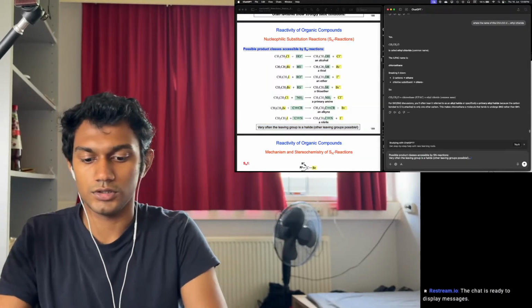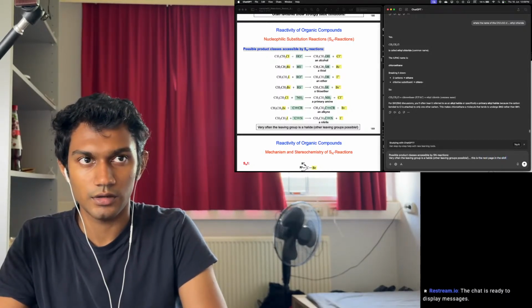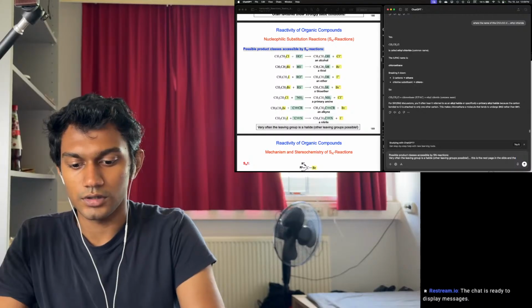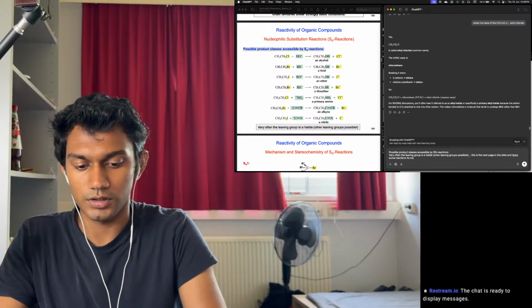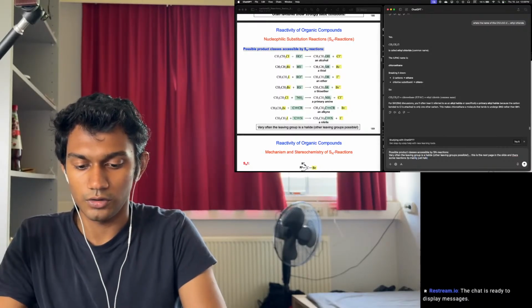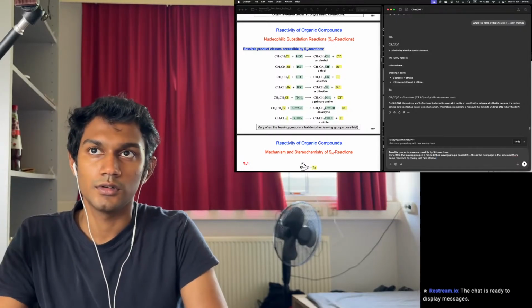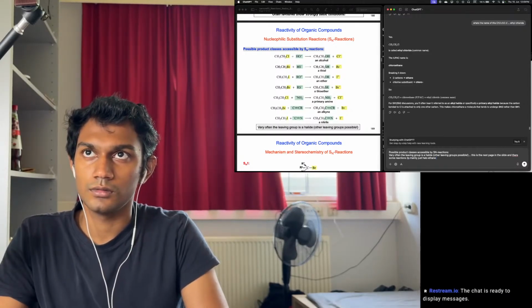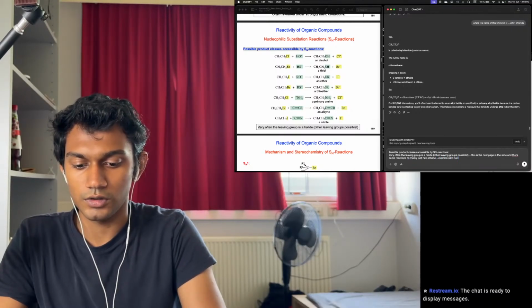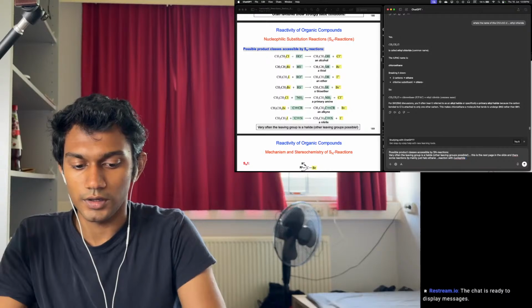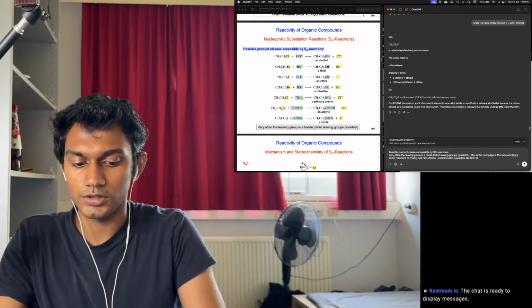So this is the next page in the slide, and there's some reactions. It's mainly just haloethane reaction with nucleophile, like OH, HS, etc.